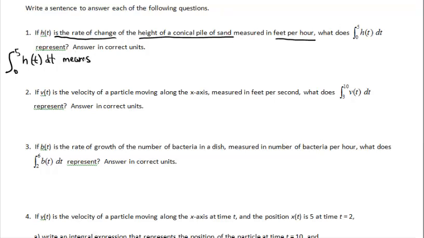This means the change. So the answer to this, when I integrate a rate, I get back to change, means the change. And let's put some context to this. Well, it's a change in what? Well, it's a change in the height of the conical pile of sand.